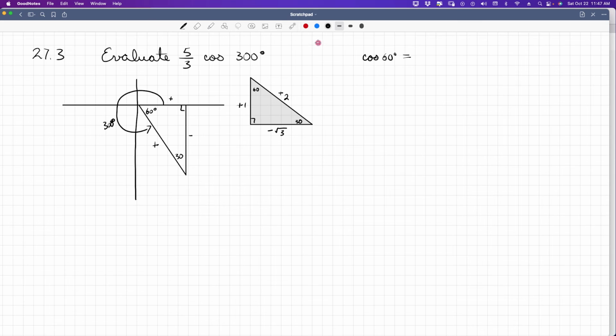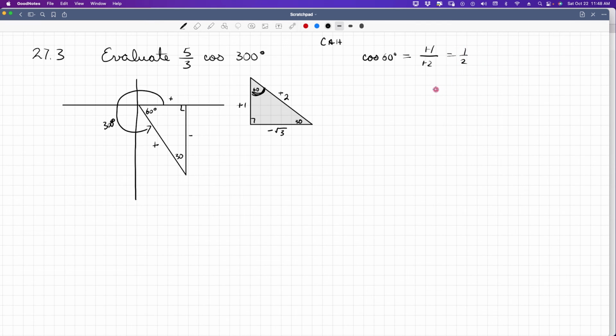So cosine, CAH, that is going to be adjacent over hypotenuse. The adjacent, this is the angle we're dealing with because it's the 60-degree angle. So the adjacent one is going to be the positive 1, and that's over positive 2. So that's going to equal positive 1/2.